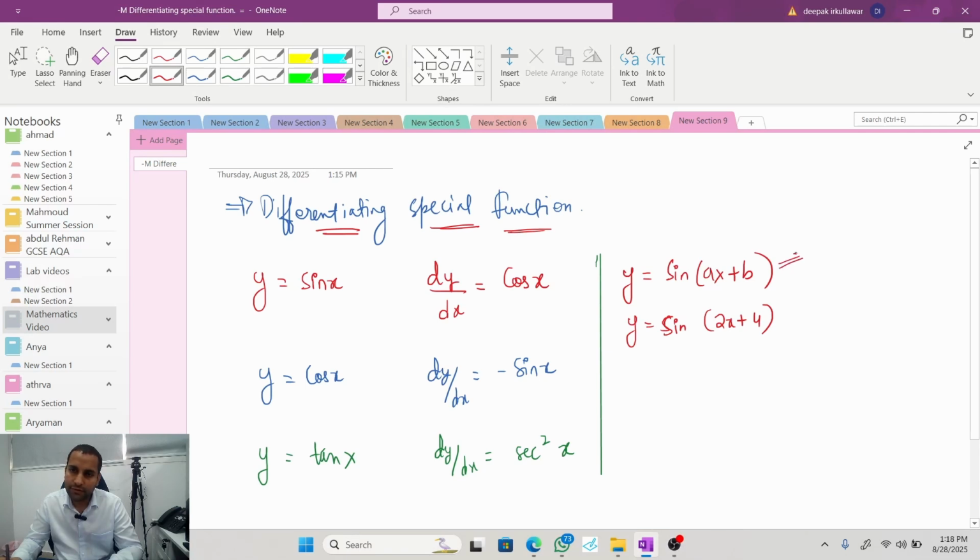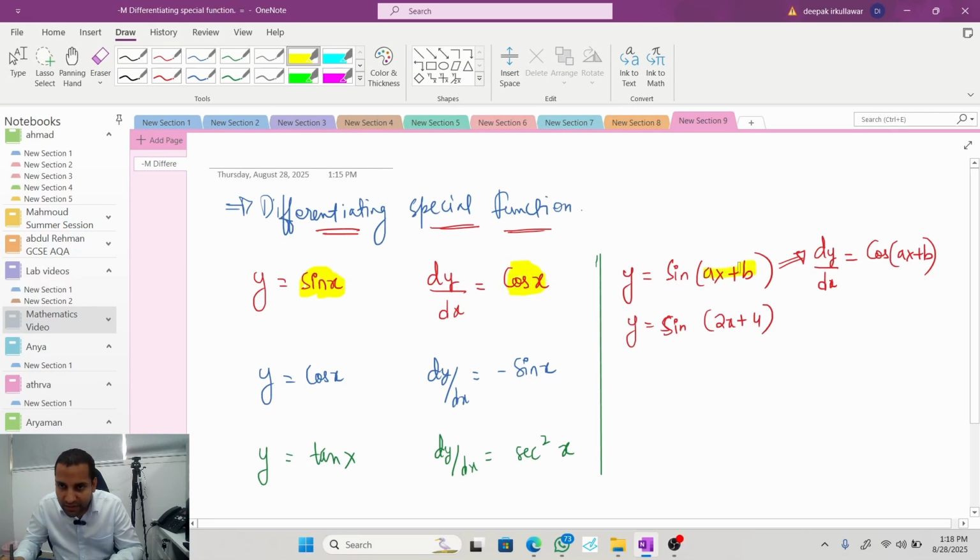Differentiation of this would be dy by dx is equal to, sine becomes cos, that we know. So I will write cos ax plus b. But here we have ax plus b also, and you need to differentiate this inside part.